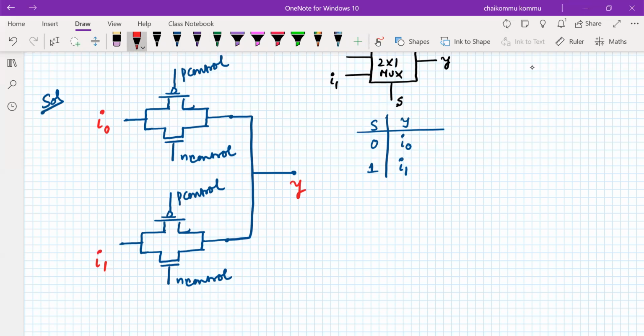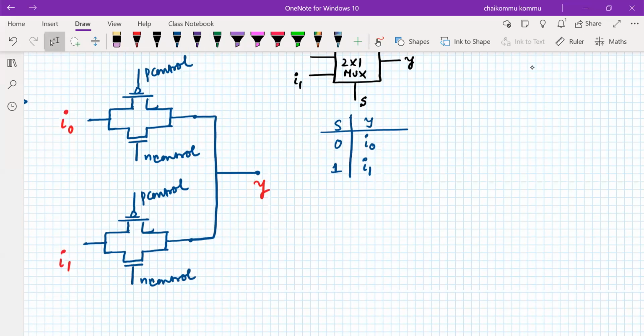Now the question is, what selection lines do we have to apply? We have to manage these control lines. For I0 to pass, the switch must be on. What is the behavior of the switch?